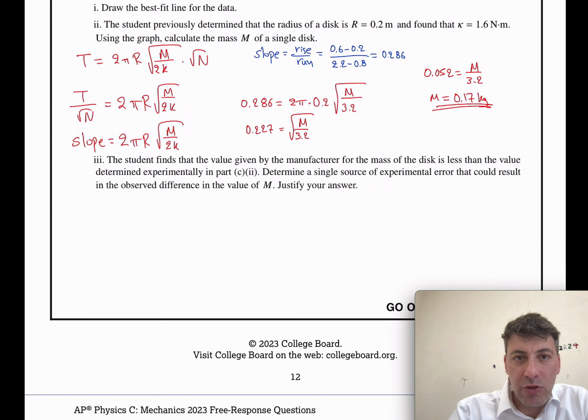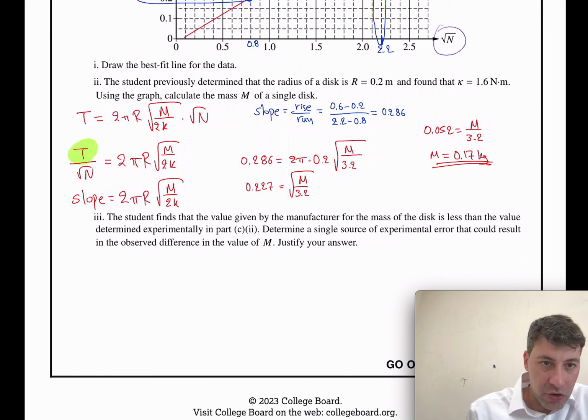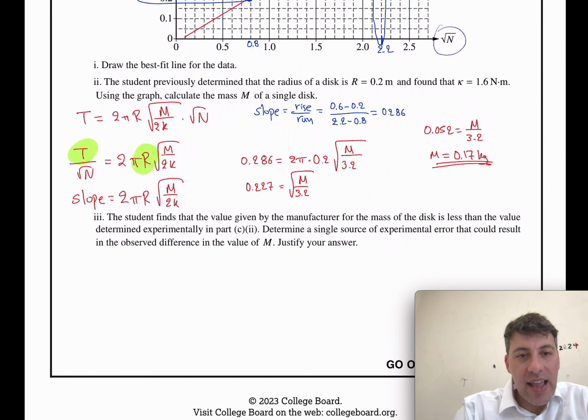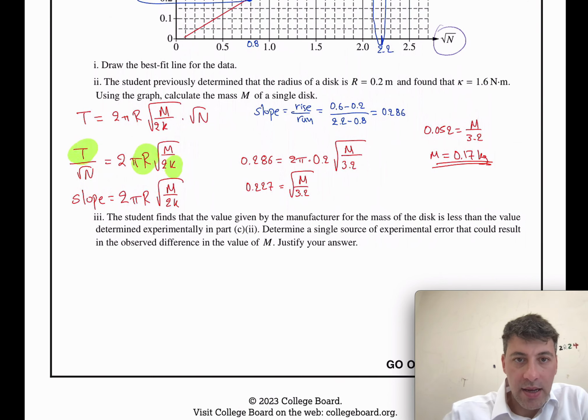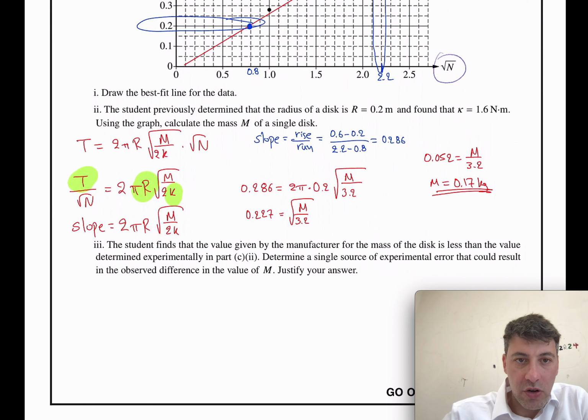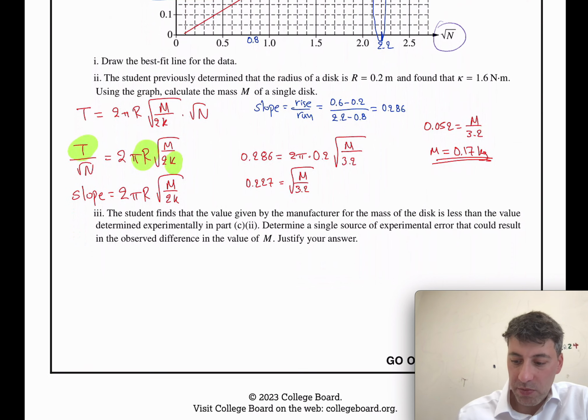One thing that we could have done wrong is measure the period wrong. There is no way we can measure the number of turns wrong. Maybe not measure exactly the radius of the disk, or the value for the constant k of the torsional is correct.